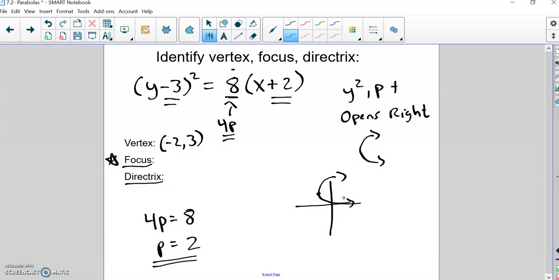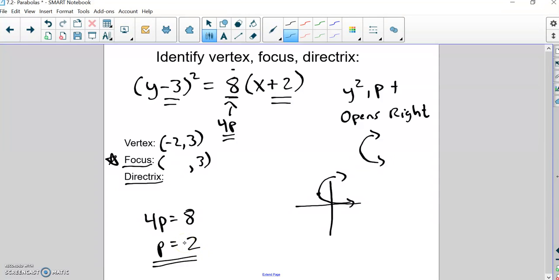If we're going to move to the right, that is going to affect the x value, not the y value. So right off the bat, I'm going to say the y value for my focus is still going to be 3 because I am not moving up or down. But the x value for my focus is going to change because I'm moving to the right, and I'm going to move 2 units to the right.